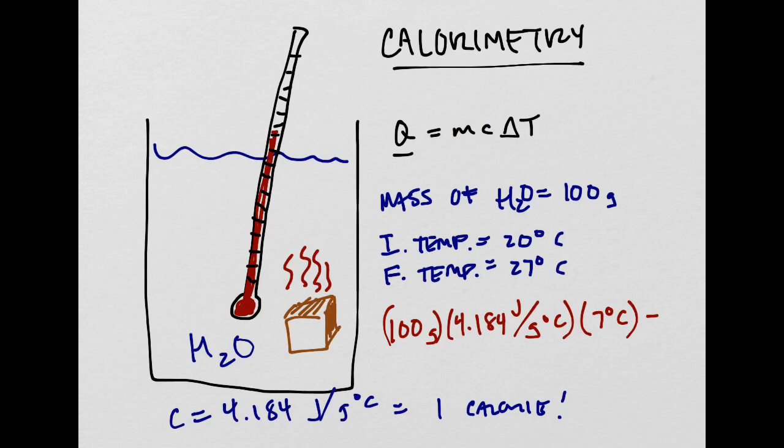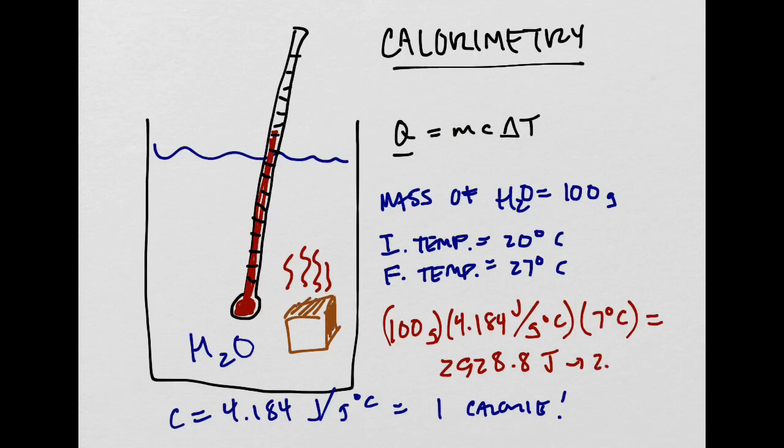And when we put all these things together, obviously if you take a look at this here, I'm going to get my pointer, the degrees C will cancel out, the grams will cancel out, leaving us with the joules that we're going to have for this system. So when I put that into my calculator, I get 2,928.8 joules.